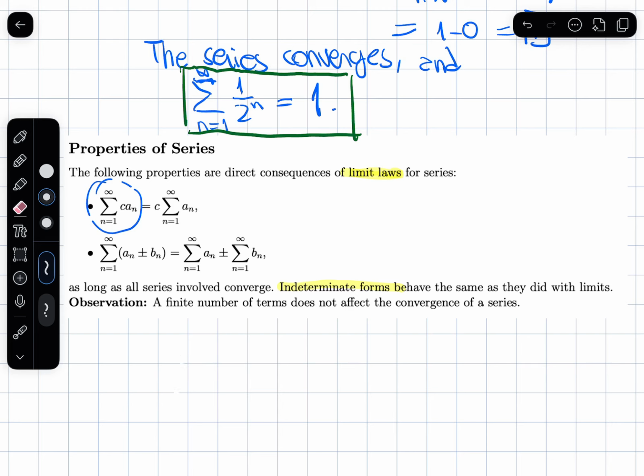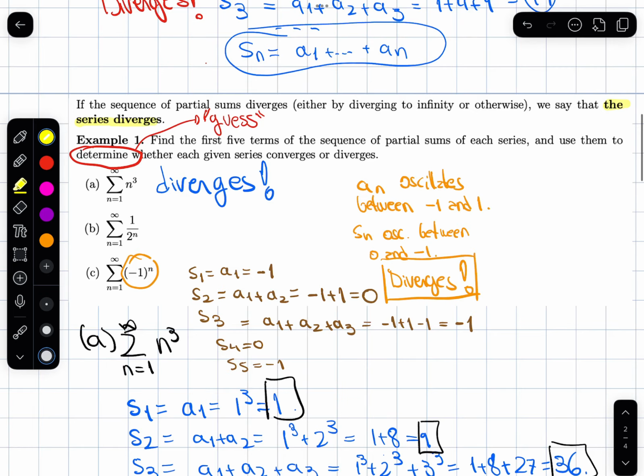Infinity plus infinity is always equal to infinity, but infinity minus infinity is an indeterminate form which you have to handle in a different way. But if the series involved converge, then you can simply say that the sum is a specific thing. So all examples I gave you here, this one diverged and this one diverged.